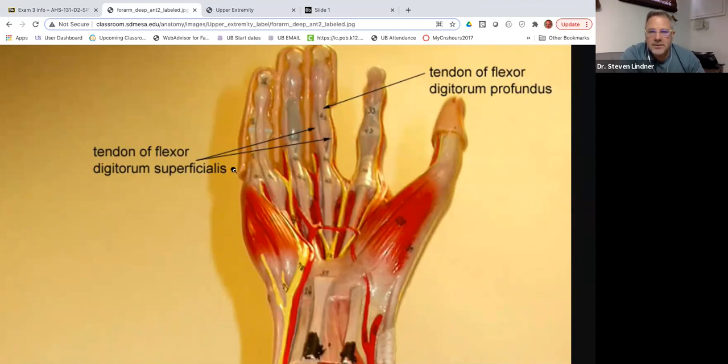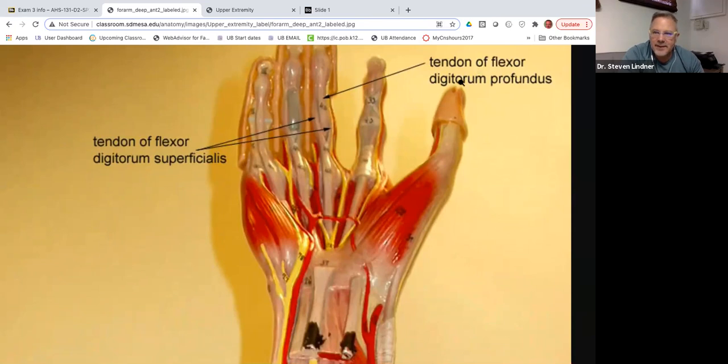Both of these are responsible for flexing the fingers. It's just that the flexor digitorum superficialis inserts on the middle phalanx, whereas the profundus goes all the way to the end and inserts on the distal end of the distal phalange. So it is responsible for flexing everything proximal to it.